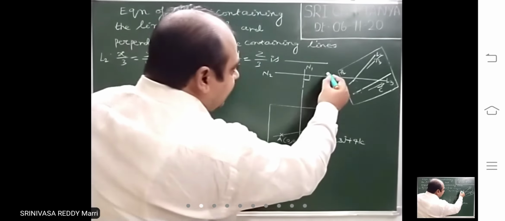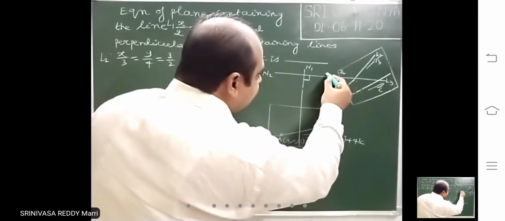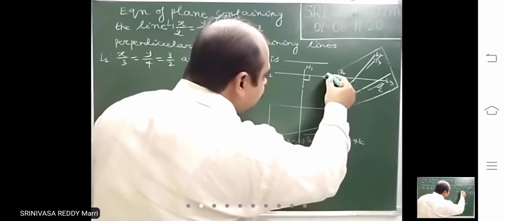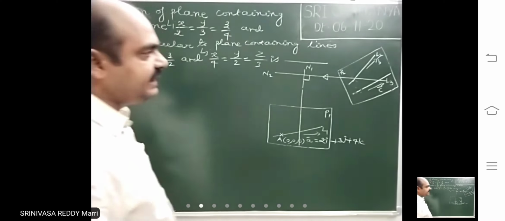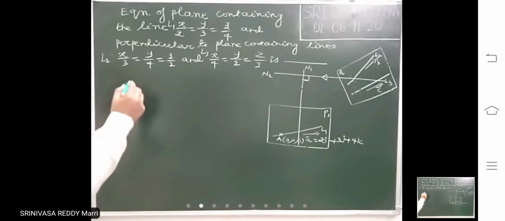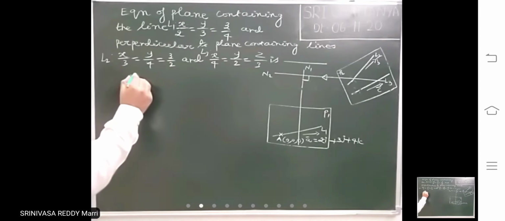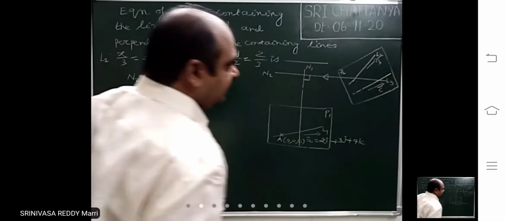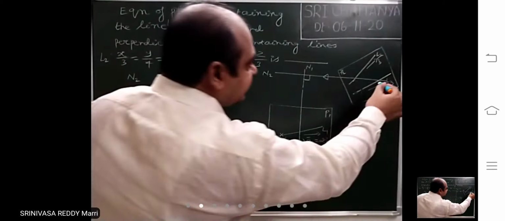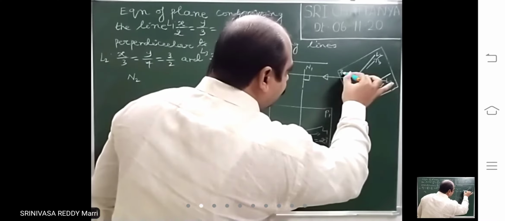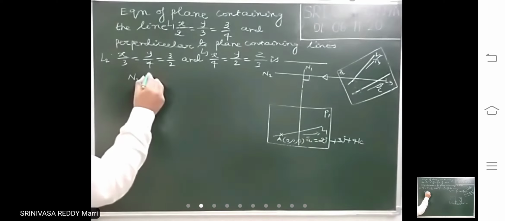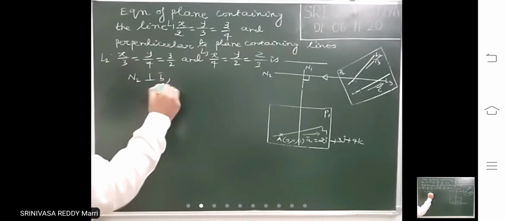Now along the normal N2, what will be the vector? First we will find the normal vector to plane 2. Normal 2 will be perpendicular to both b bar and c bar.